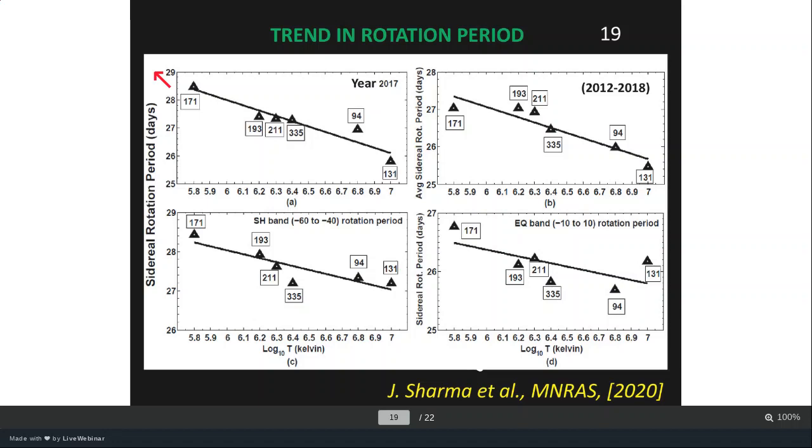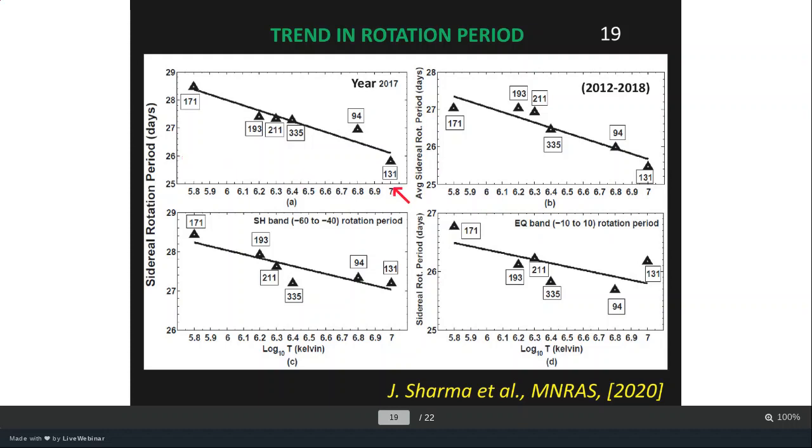In panel A, which belongs to the year 2017, we can see that for all the coronal layers from 171 angstrom to 131 angstrom, the rotation period decreases with increasing temperature from 10 to the power 5.8 to 10 to the power 7 Kelvin.